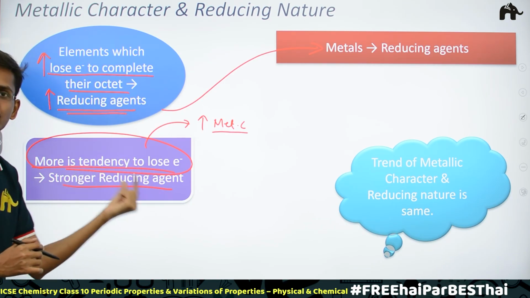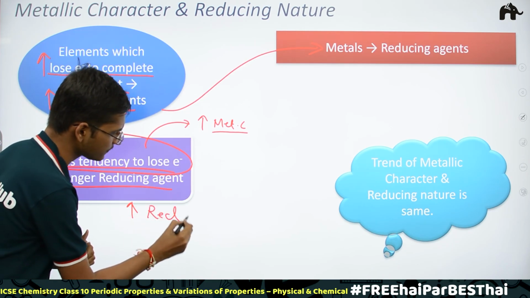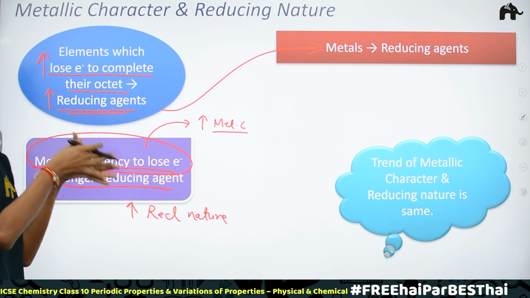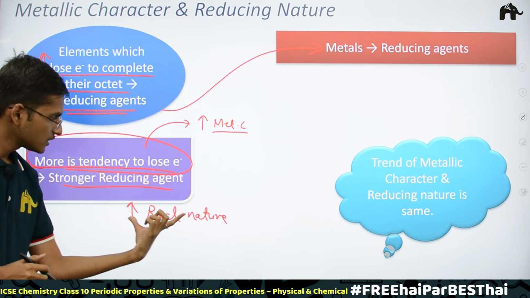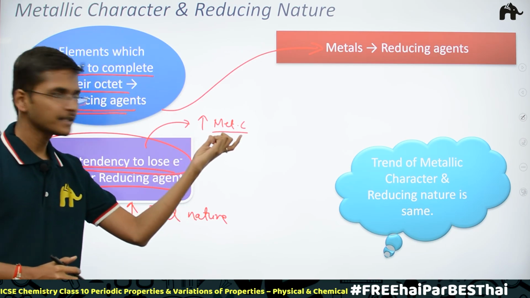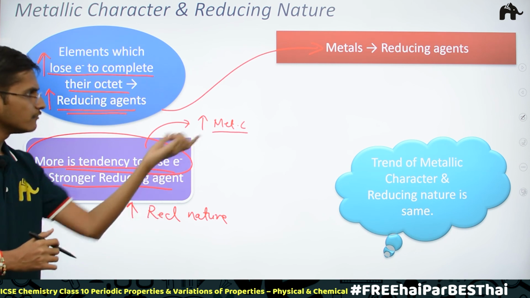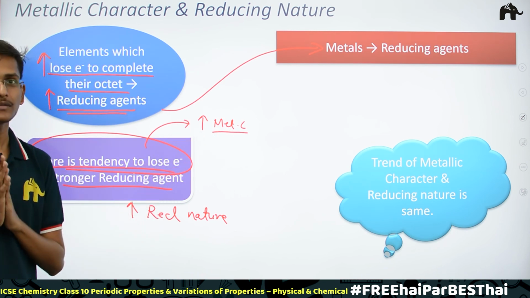Stronger would be the reducing agent, or we can say more would be the reducing nature, when more is the tendency to lose electron shown by an element. So the reducing nature and metallic character depend on the same factor. When the metallic character is more, reducing nature will be more, right?